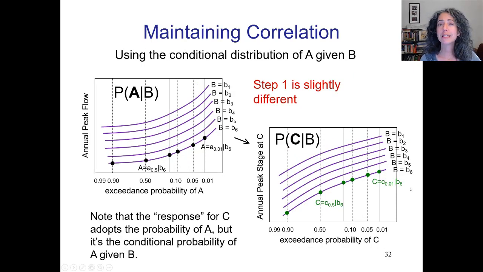So step 1 is going to be slightly different, only in that when we're making our response surface for tributary stage C, given tributary flow A and main stem stage B, instead of just using a single set of values for A, each with a given exceedance probability, to pair with each of our values for B, instead we're going to have to pull values off of each of these frequency curves for A, right, to pair with a given stage for B to get each of these conditional frequency curves for C. Right, so we don't have any more model computations to make our response surface, but they're not based on all the same values for A crossed with the same values for B, right?